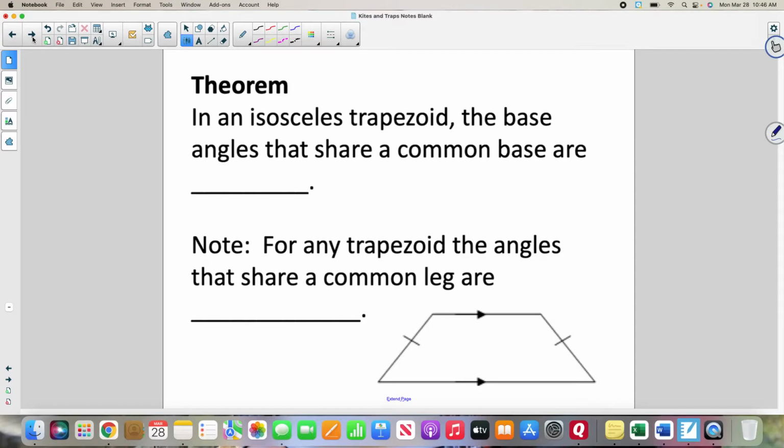In an isosceles trapezoid, the base angles that share a common base are congruent. So these angles are equal, and these angles are equal.